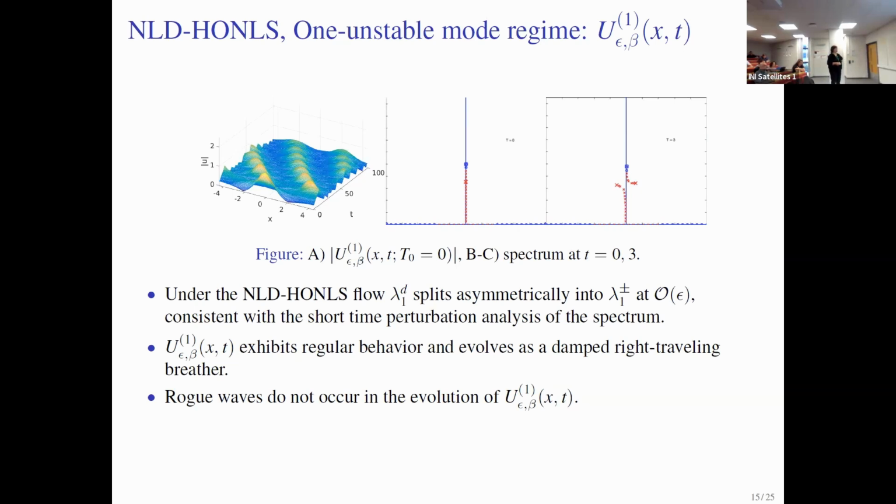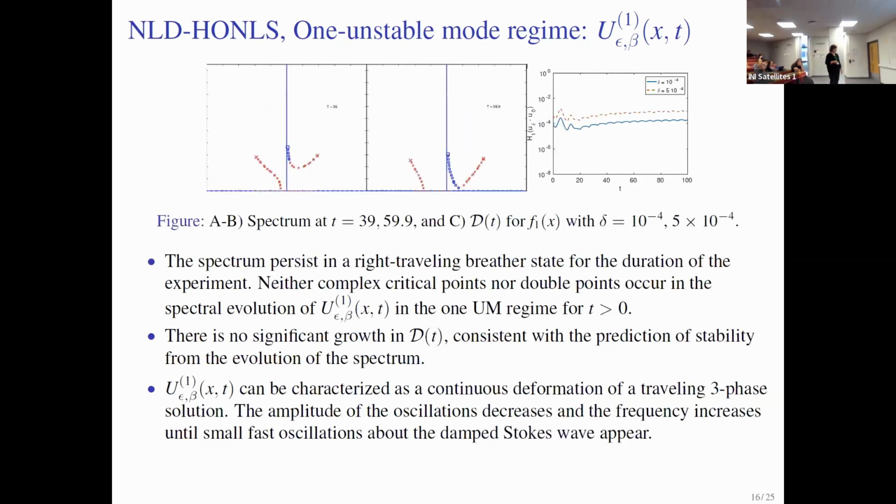The spectrum has split asymmetrically at order epsilon, which is consistent with the short time perturbation analysis of the spectrum. You're seeing that U1 is exhibiting this very regular behavior and is evolving as a damped right traveling breather. There are no rogue waves in this evolution, so I have no strength plot for this example. The spectrum persists in this right traveling breather state for the duration of the experiment.